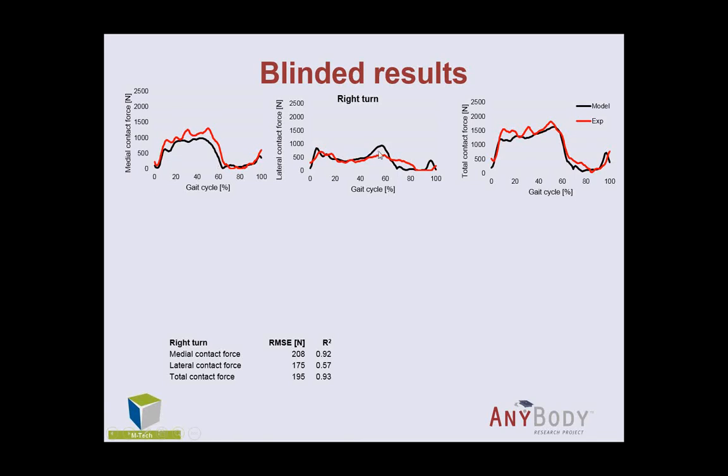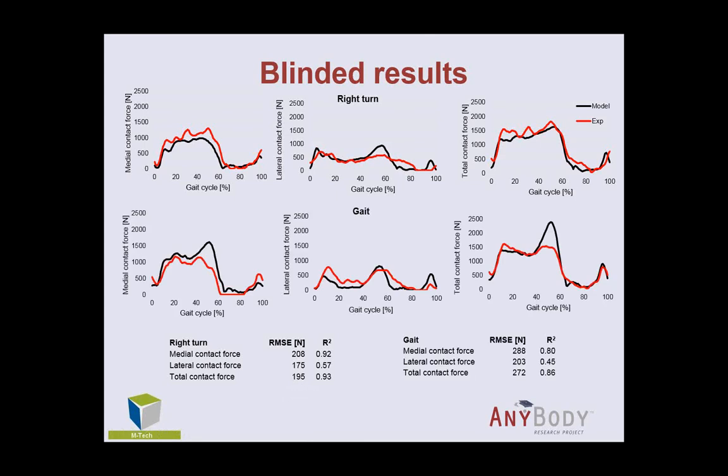We have a slight over-prediction at toe off for the lateral force, around 55% or just before 60% of gait cycle. And in general, we're a little bit under on the total contact force. But in general, we're very good, and the total contact force has an RMS error of less than 200 Newton and an R squared of 93.